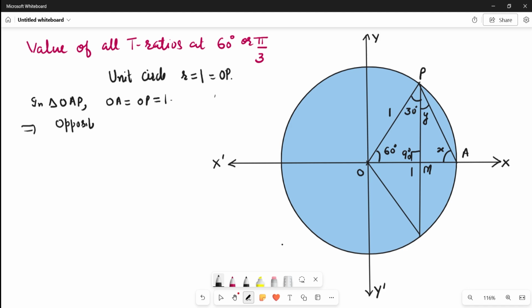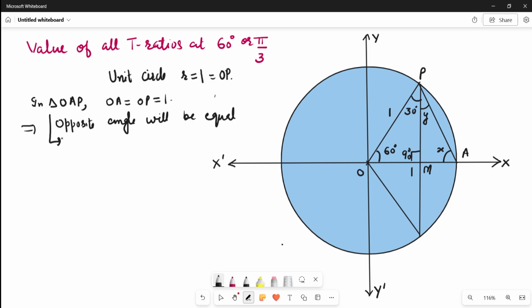Opposite angles will be equal because triangle OAP is an isosceles triangle.